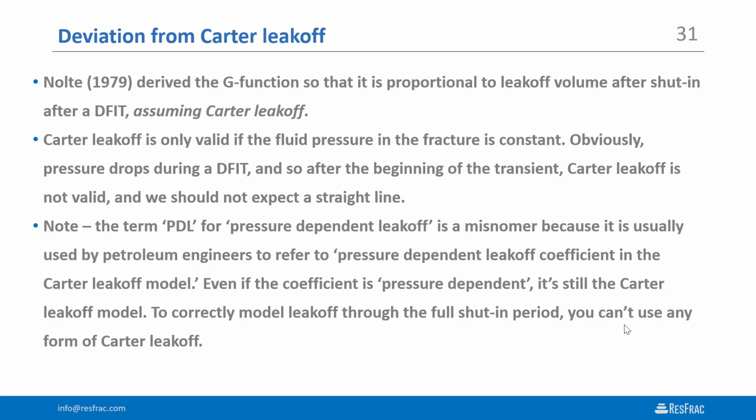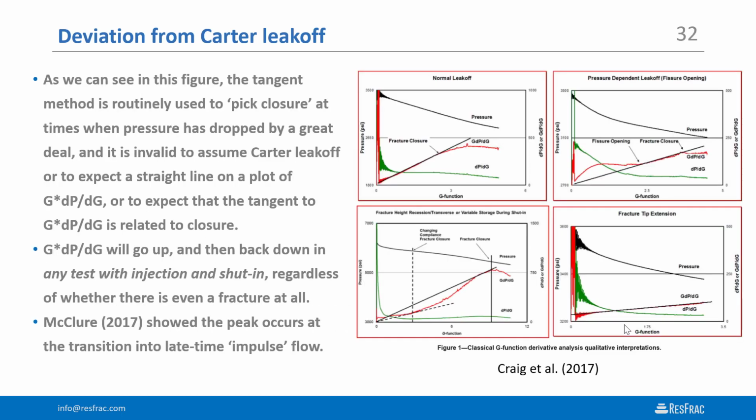But what I'm trying to emphasize is that this doesn't seem to be recognized when people apply tangent method interpretations of G-function plots. So, for example, if we look again at these G-function plots, let's think about what G times dP/dG really means. If G is 0, so at shut-in, obviously this is 0. So G times dP/dG always starts at the origin.